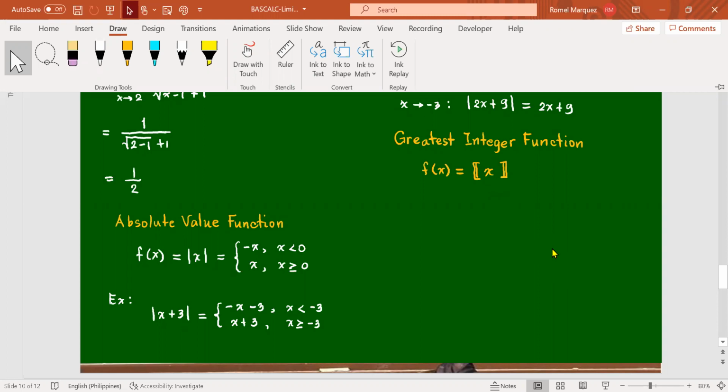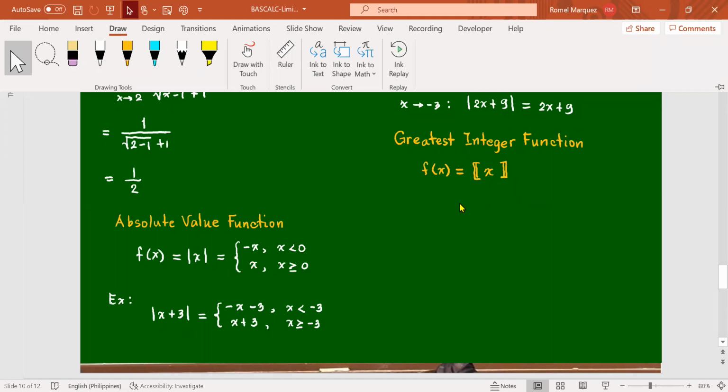So, ang value ng function laging an integer. Whatever x you input on the interval between two integers, the value is always an integer. Ang input kahit na ano, pero ang output laging integer.